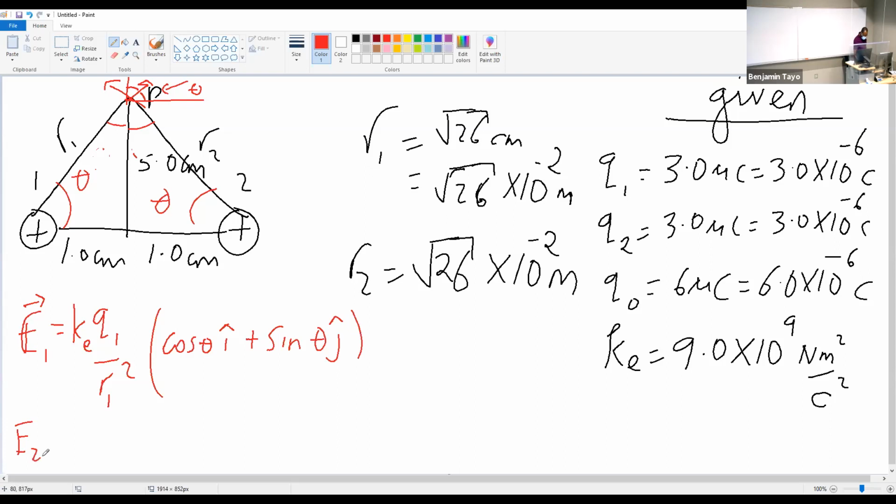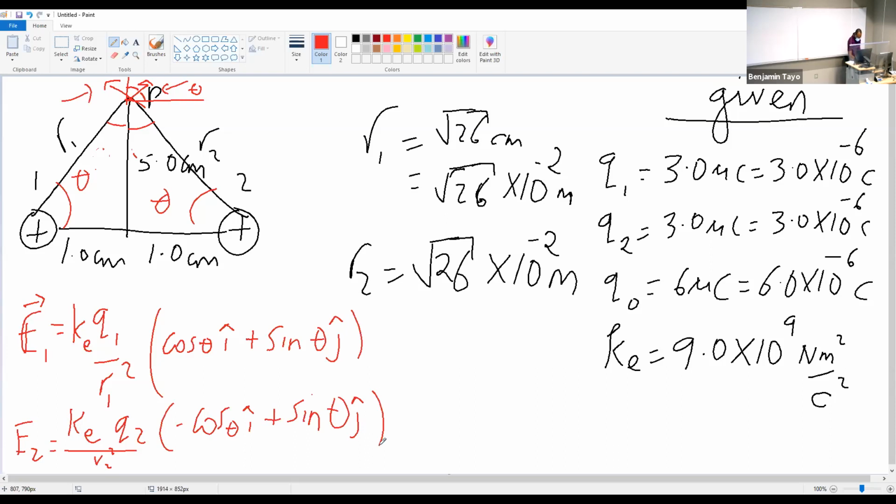E2 is going to be KE Q2 divided by R2 squared times, now if you look at this direction here, negative cosine of theta i plus sine of theta j.